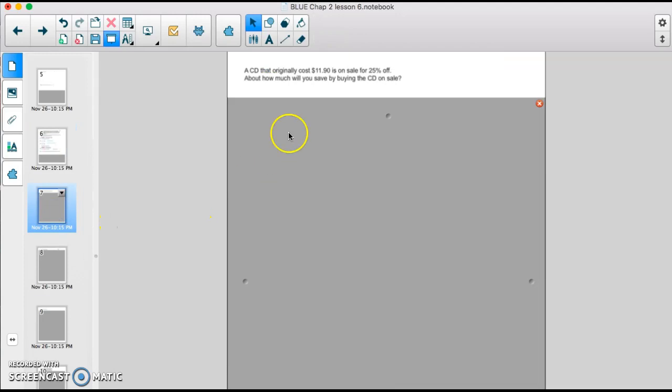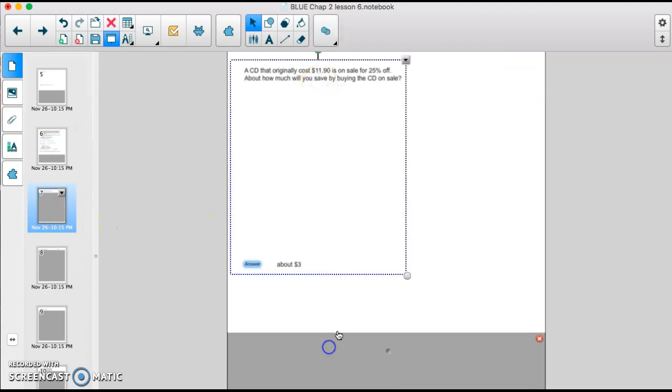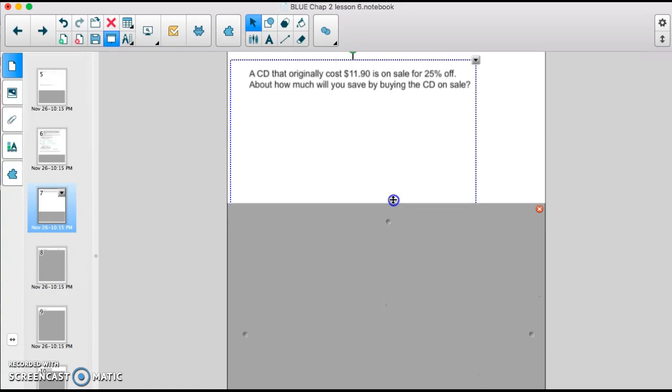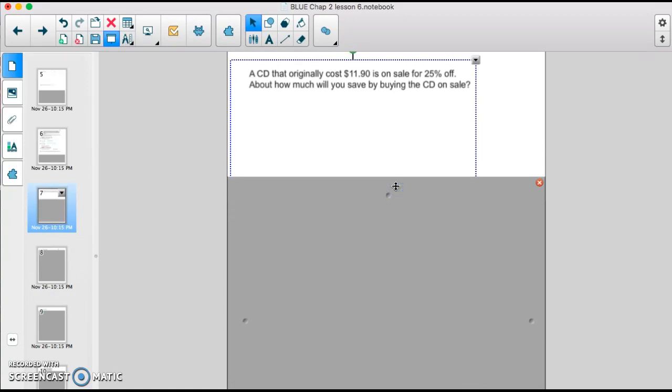Okay, so we could go ahead and do a similar approximation here. A CD that originally cost $11.90 is on sale for 25% off. About how much would you save by buying the CD on sale? Well, let's round $11.90 to a nice number. But before we do that, let's look at our benchmarks and what would be the benchmark for 25% as a fraction?